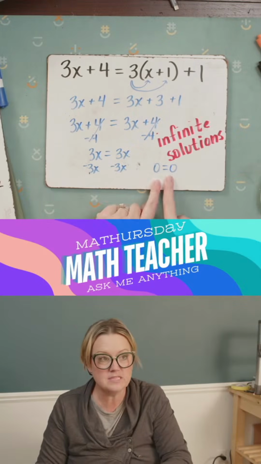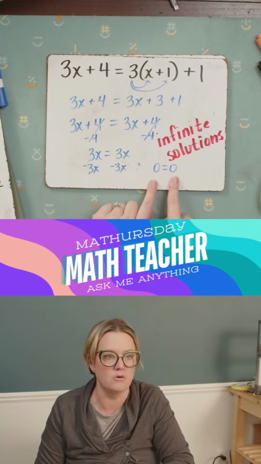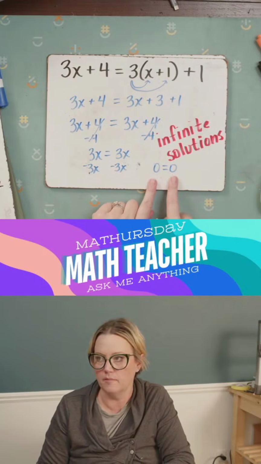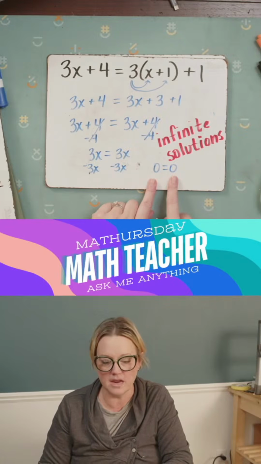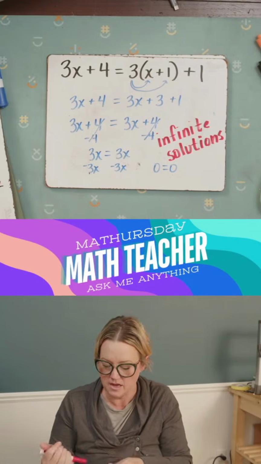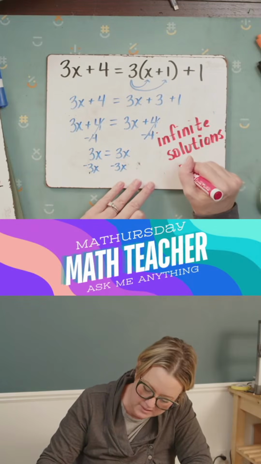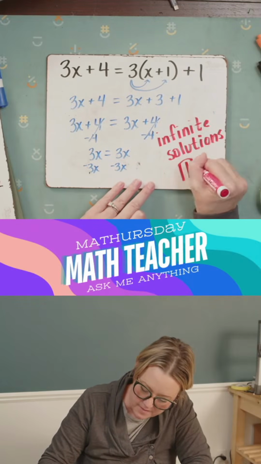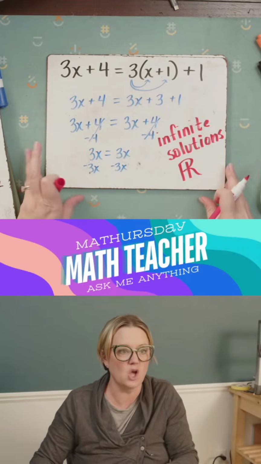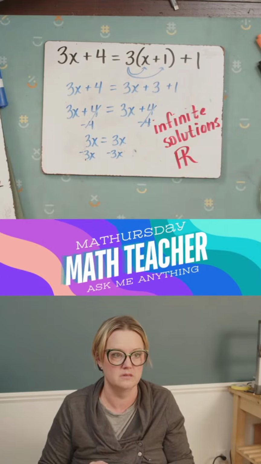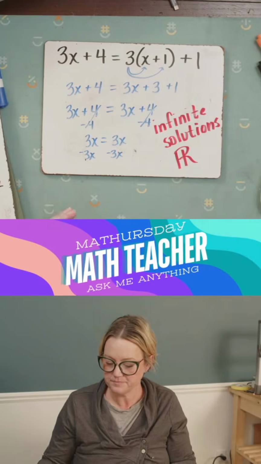If you end up with something that's always true, like 0 equals 0, 1 equals 1, 2 equals 2, negative 3 equals negative 3, 3x equals 3x, okay? You can say infinite solutions, or sometimes you have this little symbol. It's sort of like this weird uppercase R. It's all real numbers, okay?